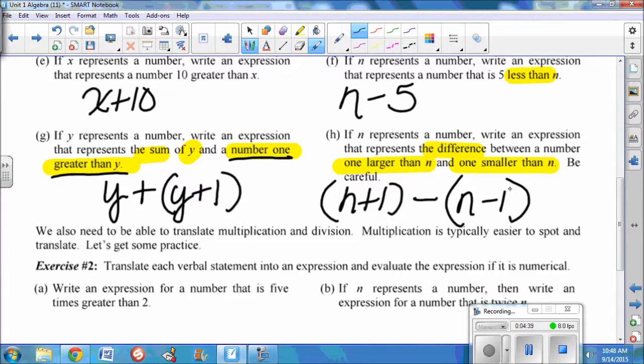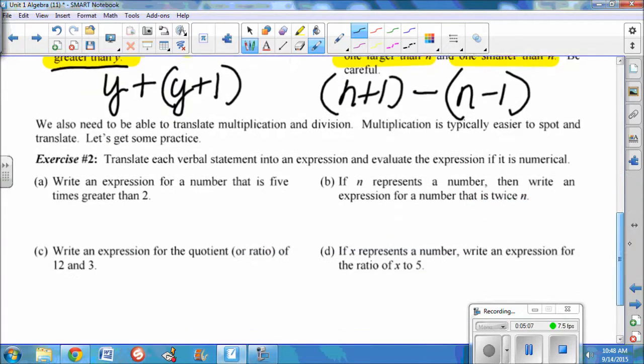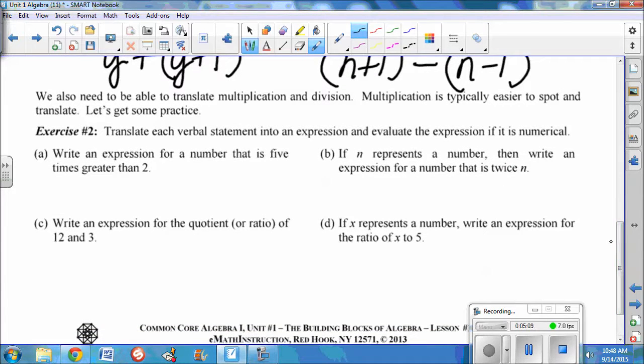Now this one you must have parentheses around that second group, that number smaller than n, because it's the difference between these two numbers. n plus 1 represents one number, and n minus 1 represents one number. Because it ends up being written as a binomial, we have to subtract that whole binomial from this binomial. That's why we've got to have those grouping symbols to represent that n minus 1 is that whole number. That entire number, I should say.